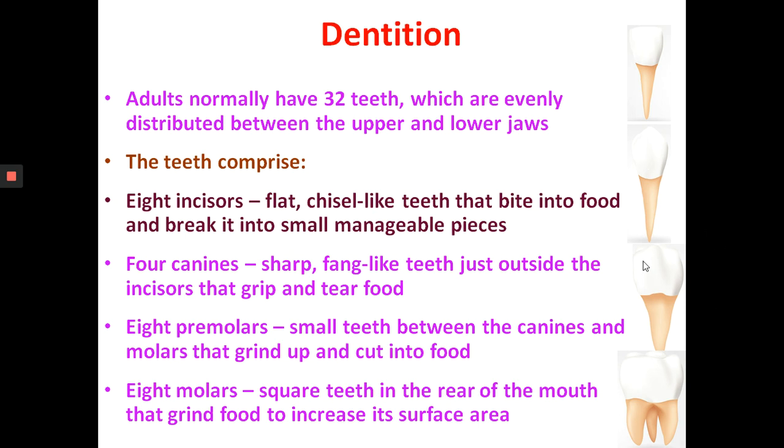Then eight premolars, small teeth between the canines and molars. These are slightly flattened teeth. They help to grind and cut the food into pieces. And then eight molars, square teeth, more flattened, in the rear of the mouth towards the posterior end, that grind food to increase its surface area.